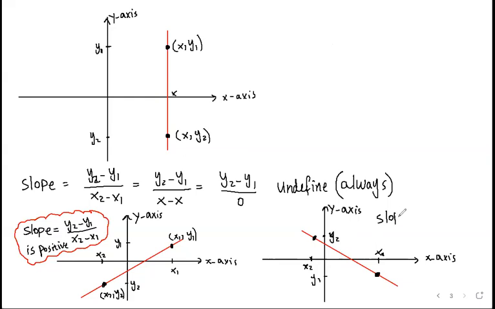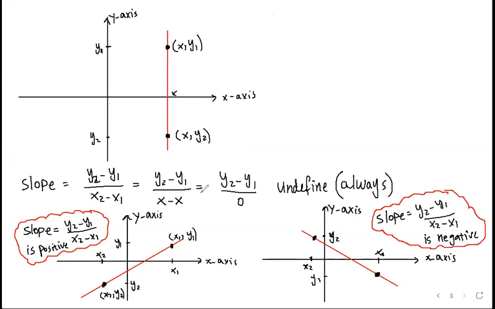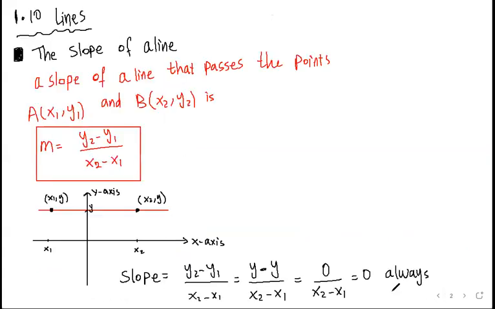Slope equals y2 minus y1 over x2 minus x1, which is negative. So the slope here is negative, and the slope here is positive, and the slope here is undefined, and for the horizontal line it is always 0.